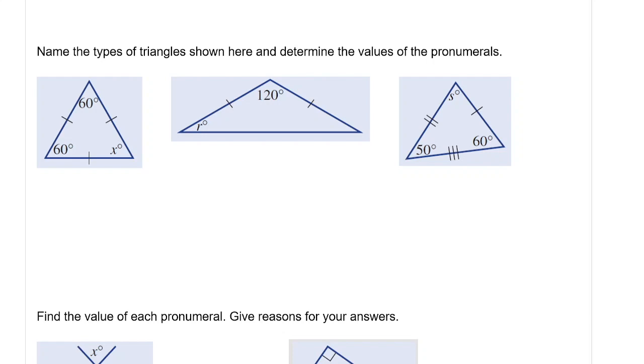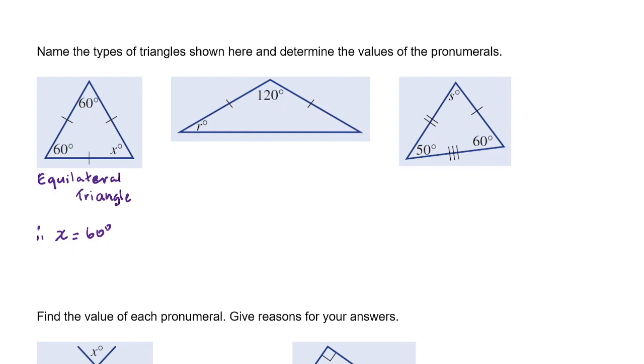The first one here, the sides are all equal, so it is an equilateral triangle. Therefore, x has to equal 60, because all three angles will be the same. So that's a nice easy one to get us started today.